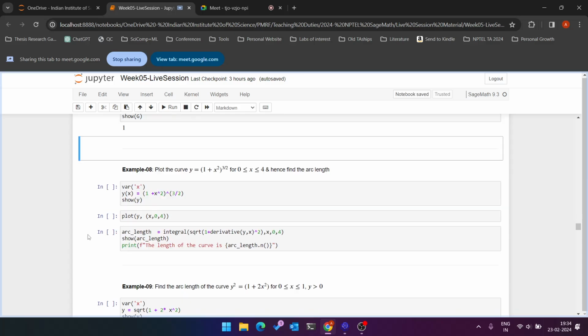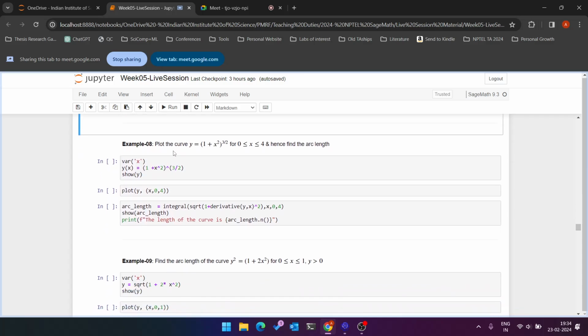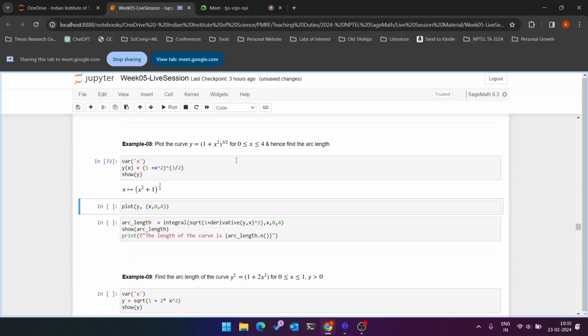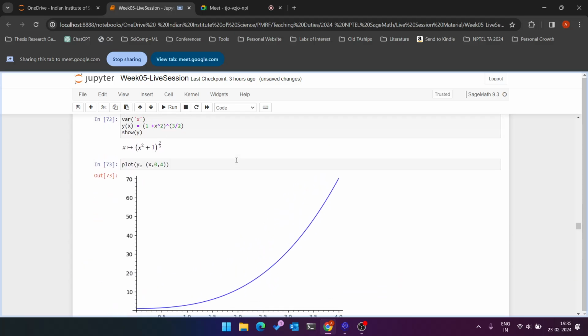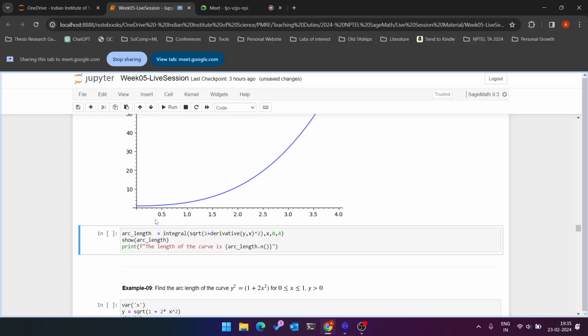The next example that we have is we want to plot a curve of the form y of x equals 1 plus x square whole raised to 3 by 2 for the domain x belonging to 0 and 4, and then we wish to find the arc length. Begin by initializing the variable and the function. As a good practice, we could plot the function itself for the given domain. So this is how it looks like. And now we wish to calculate arc length.